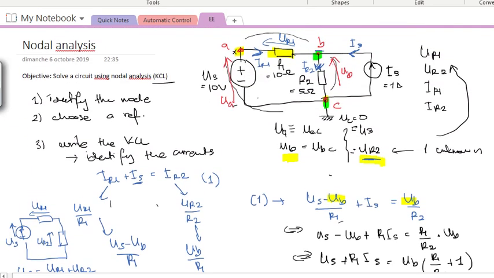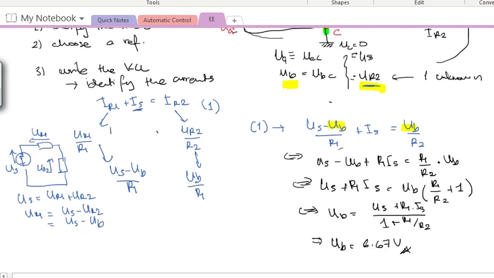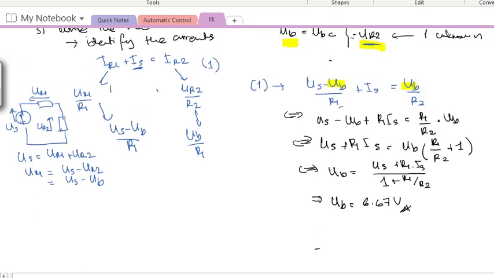So now you have found UB, which is also UR2. So it's done for UR2 because UR2 is UB. What's left to be found is, let's say, UR1. What's UR1 equal to? If we go back to our development, we have found that UR1 is equal to US minus UB.